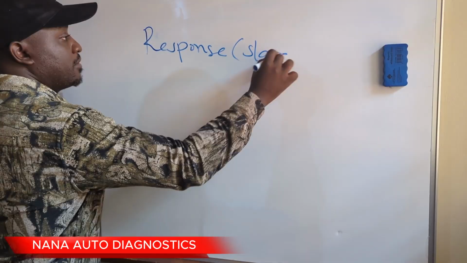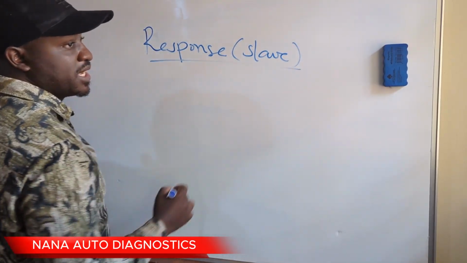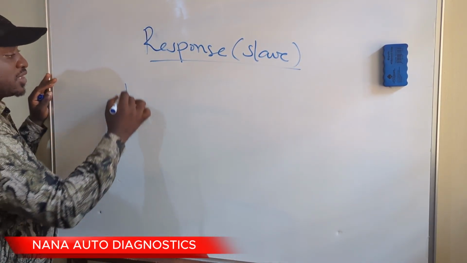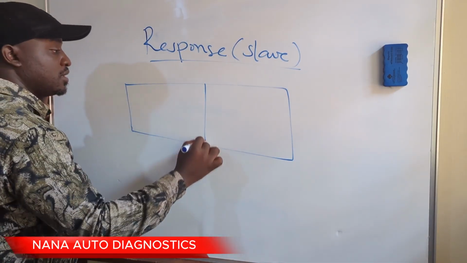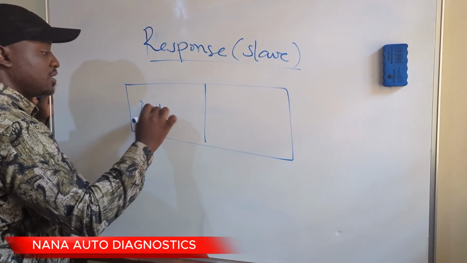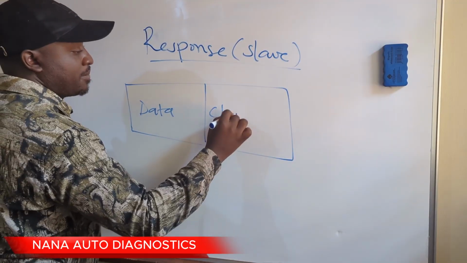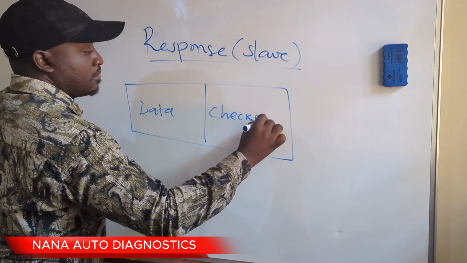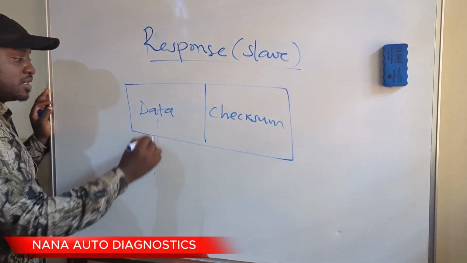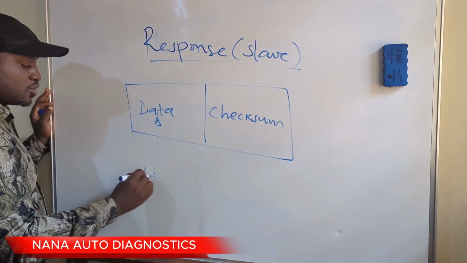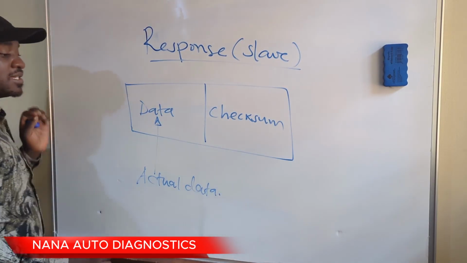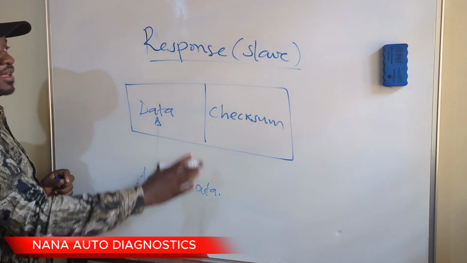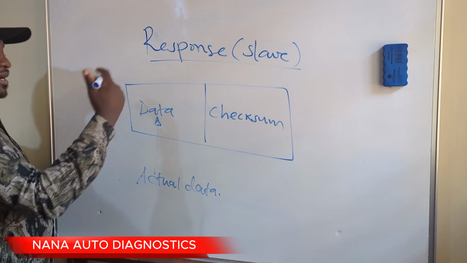from the slave. And as we said earlier, this message contains two fields, which is the data field and the checksum. Now the data field contains the actual data that is being sent by the slave to the master.